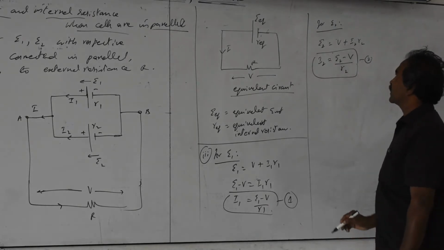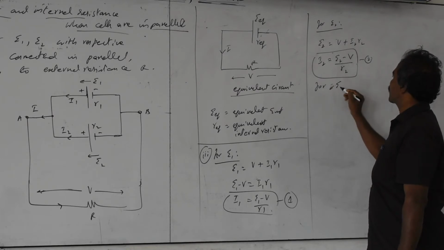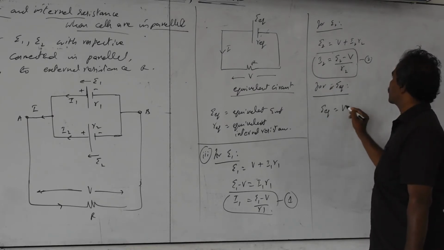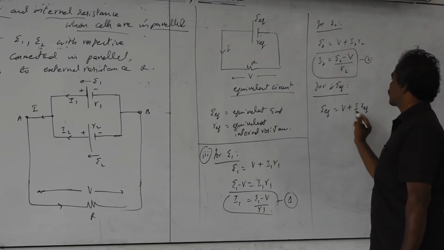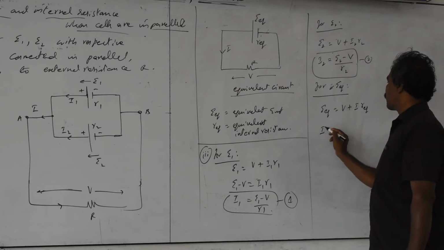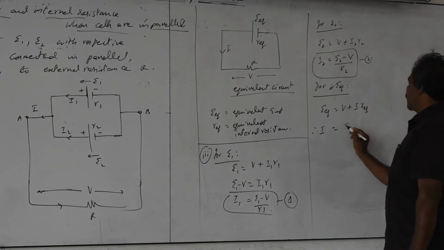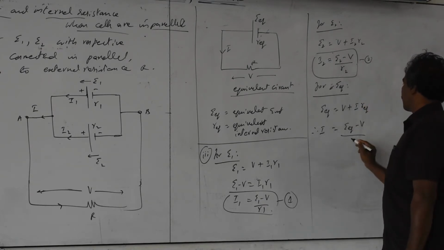Next is the equivalent EMF. For E equivalent, what you get is E equivalent is equal to V plus I into R equivalent. So get the expression for I. Therefore, I is equal to (E equivalent minus V) by R equivalent, V is the same.